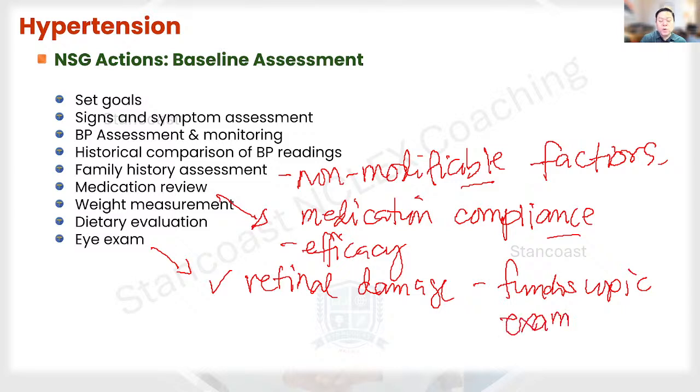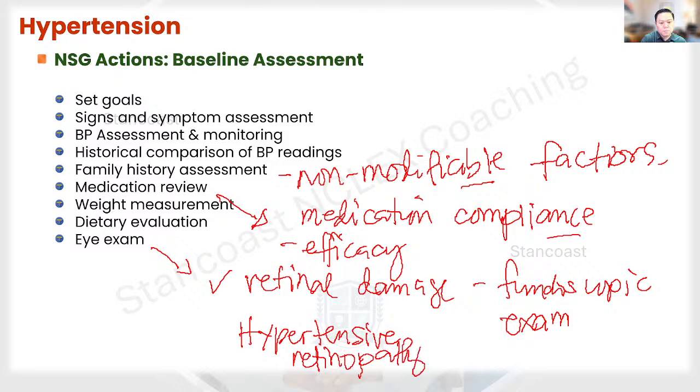So it will identify the hypertensive retinopathy. And again, this will also prompt the medical provider to include timely interventions to prevent permanent vision loss, okay? Because this can really lead to a permanent damage.